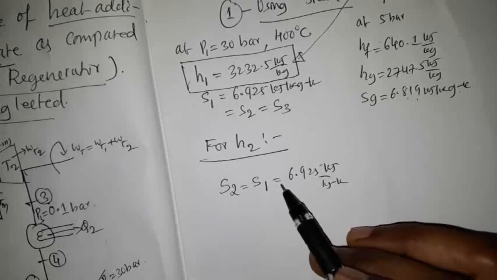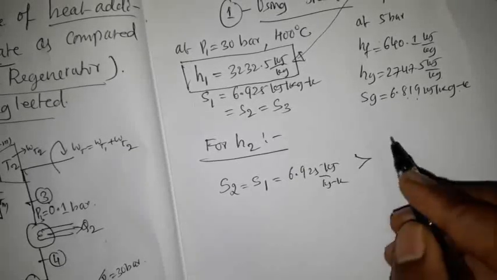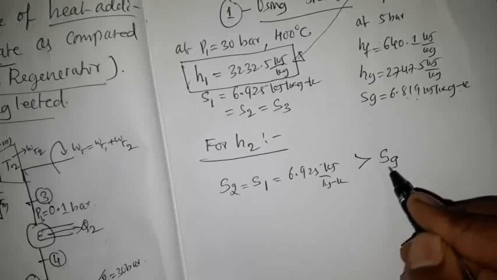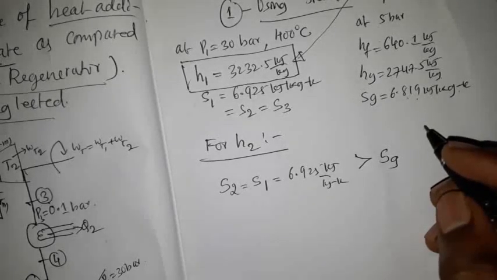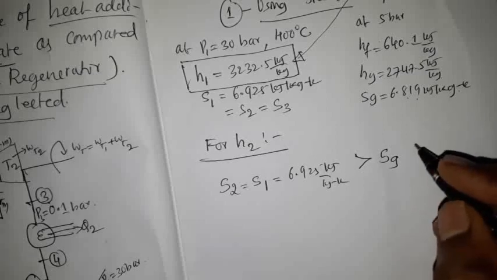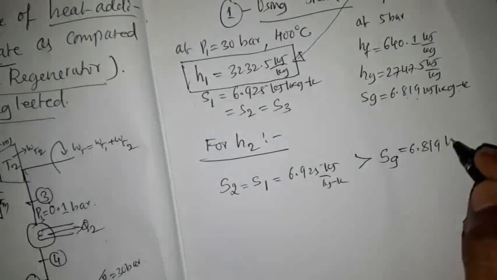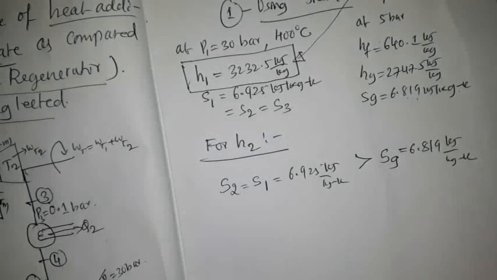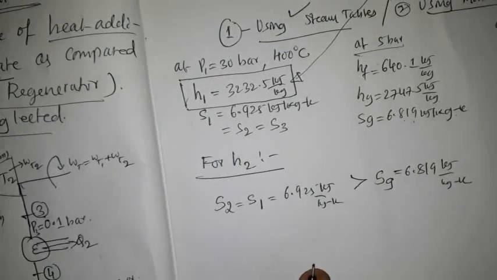Therefore the entropy at state 2 is greater than the entropy of the saturated vapor, that is 6.819 kilojoule per kg Kelvin at P2 pressure, that is 5 bar pressure.